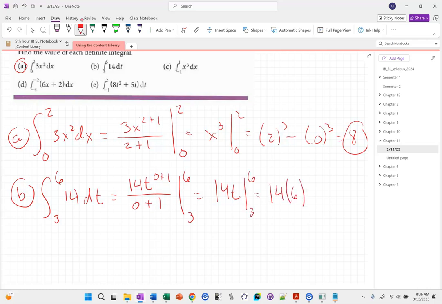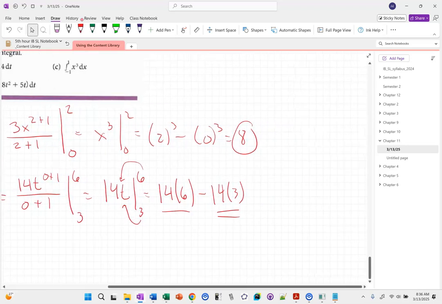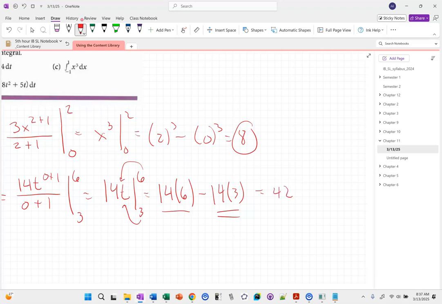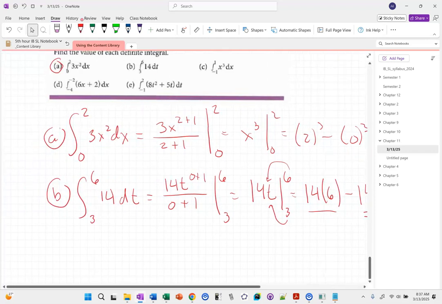Then to evaluate, I'm going to do 14 times 6 minus 14 times 3. I'm just plugging 6 in, then plugging 3 in and subtracting them. That gives me 42. Feels okay? No big deal, right?